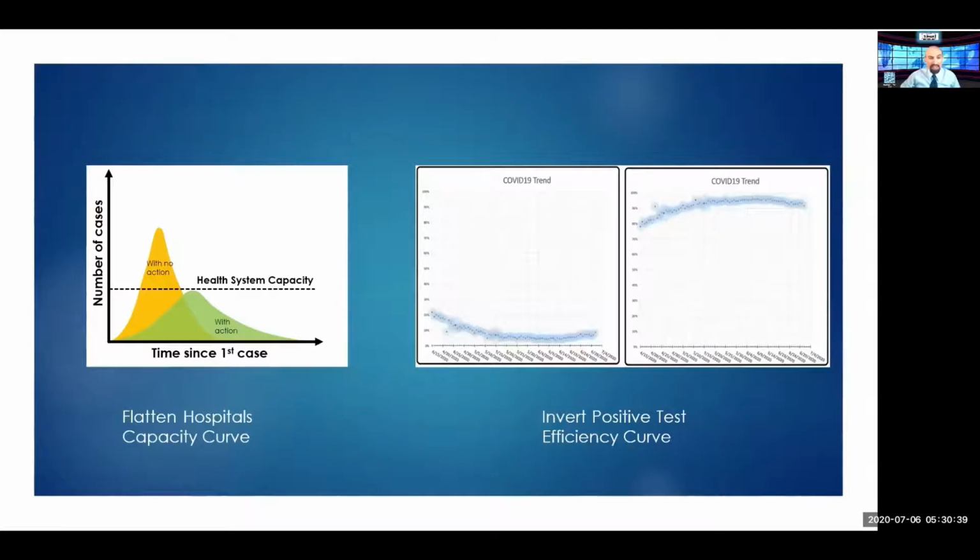Now, if we look at flattening the curve theory, it's based on the health system capacity, which, in my opinion, is not a very robust metric, and in some sense is a fictitious line. So what happens if we just raise the health system capacity? Would we then just flatten the curve?